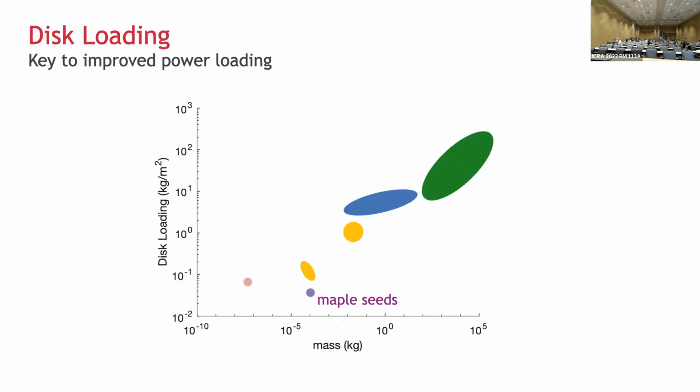Now, the reason behind that can be explained by coming back here, right? When we put our robots onto this plot of power loading, our robot has a power loading 1 order of magnitude lower than flapping wing robots or other previously developed Samara or maple seed inspired robots, and also 2 orders of magnitude lower than quadcopters.